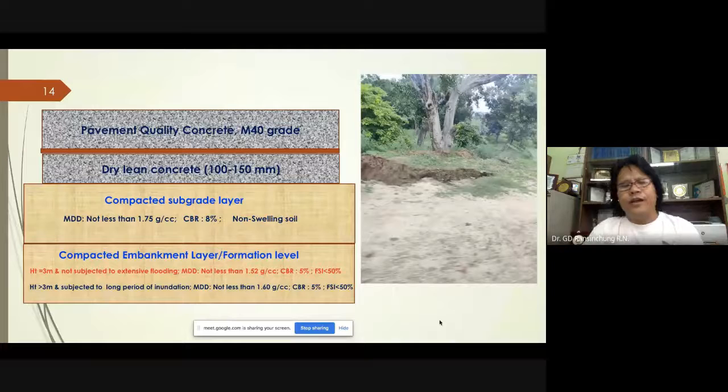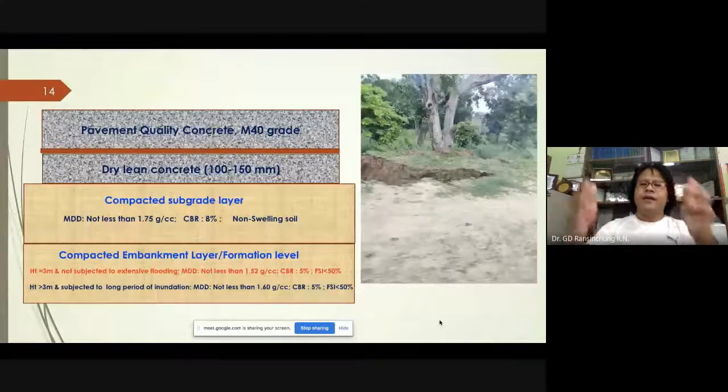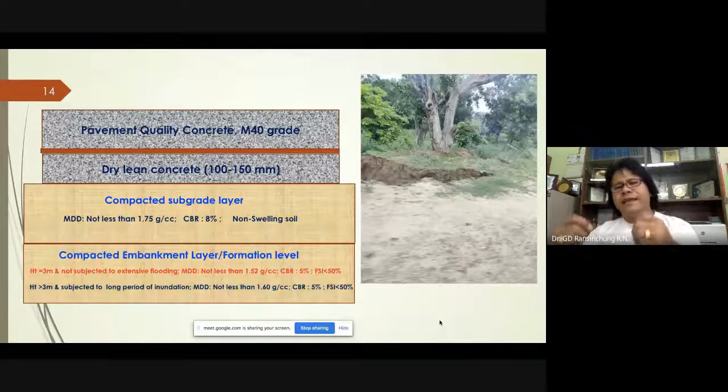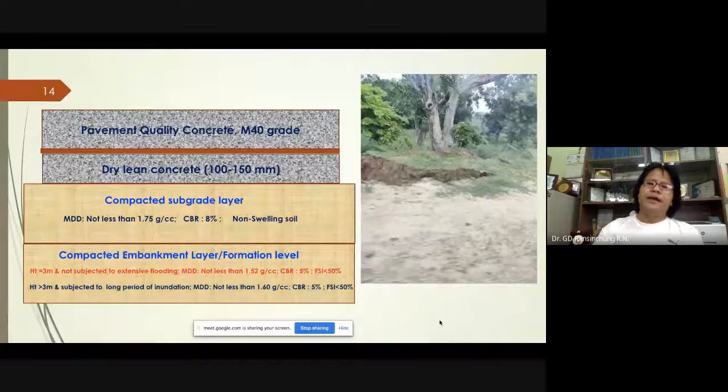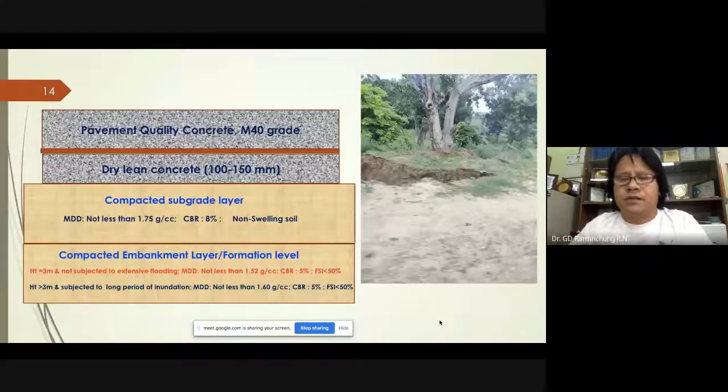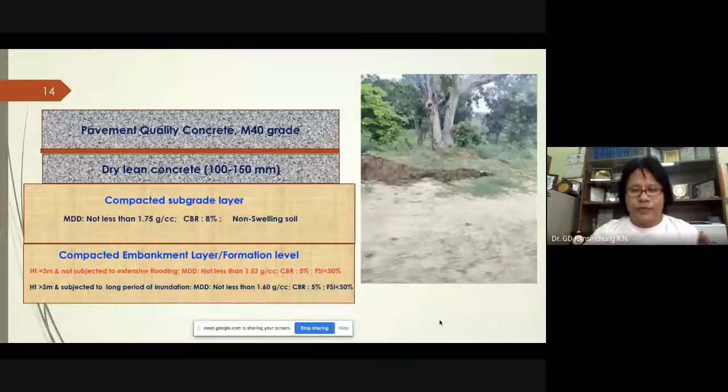And the soil we use should be a non-swelling kind of soil. But if there is swelling potential, when we measure it in terms of free swelling index, it should not be greater than 50% when tested in accordance with IS 2720 part 40. This we need to understand.